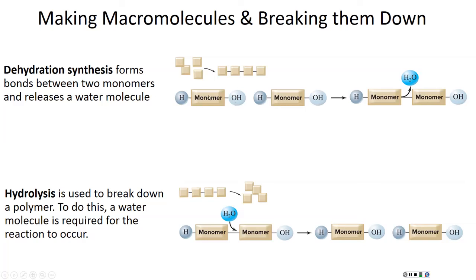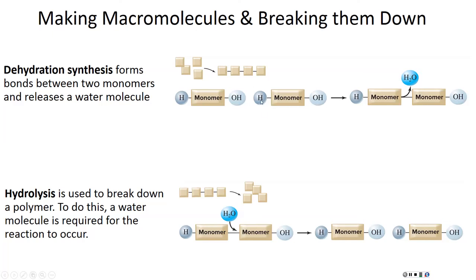So what I want you to look at is, notice that this monomer, on the right-hand side, it has an OH, which is called a hydroxyl group, and on the left it has a hydrogen. When I look at this second monomer, it also has a hydroxyl group on the left and a hydrogen on the right. So do we agree that if we want to attach these 2 monomers together, this left-hand monomer can lose its hydroxyl, and this right-hand monomer can lose its hydrogen, right?